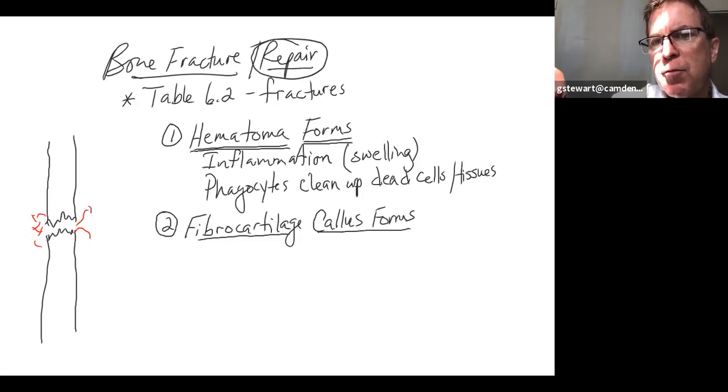The fibrocartilage business, I'm just going to get rid of my blood vessels here. Then typically what happens after phase 1 is, I'm going to use blue, fibroblasts in this area start to secrete fibers, and fibrocartilage forms in a callus formation.